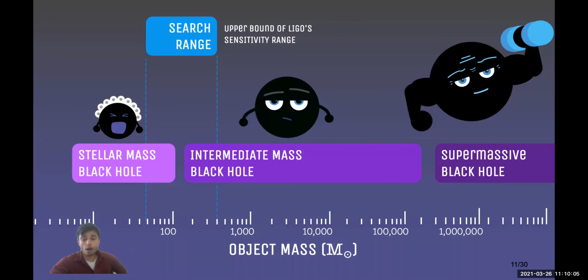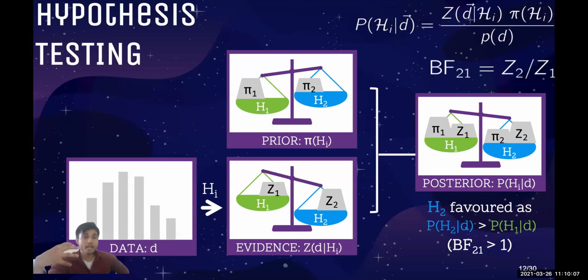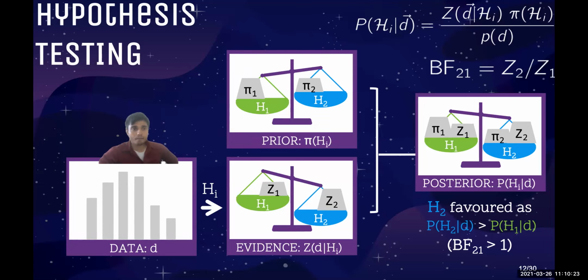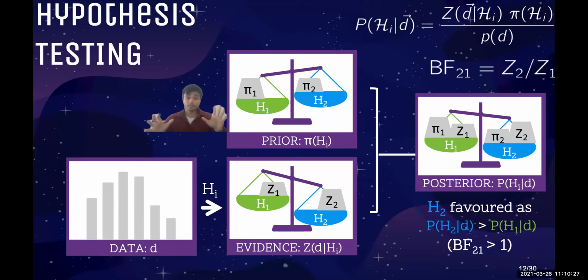The core of my method uses Bayesian hypothesis testing. In Bayesian hypothesis testing, we have some data, D, and a hypothesis, H, to describe the data, and a prior about the hypothesis, which is given by pi of H. Initially, when we have just our hypothesis, we have some prior beliefs on how likely a hypothesis is, and we can visualize it with this scale here.